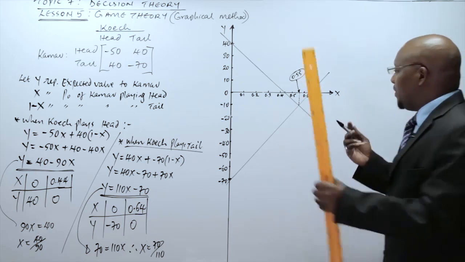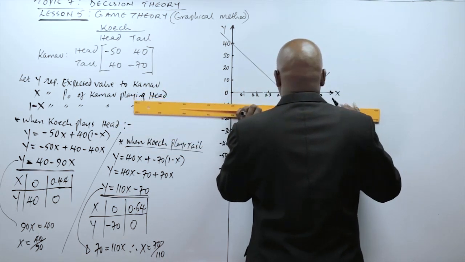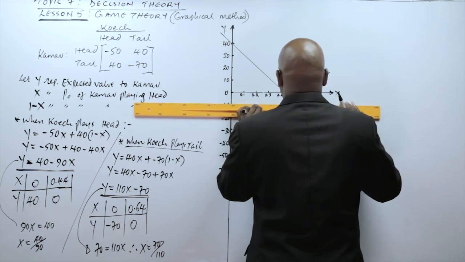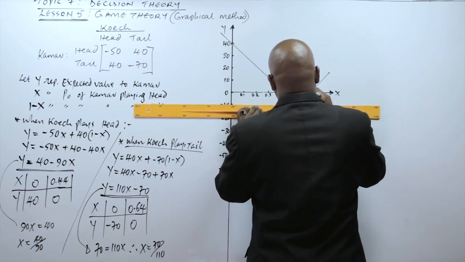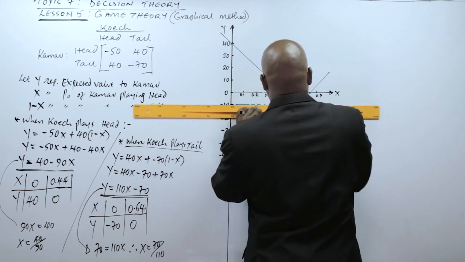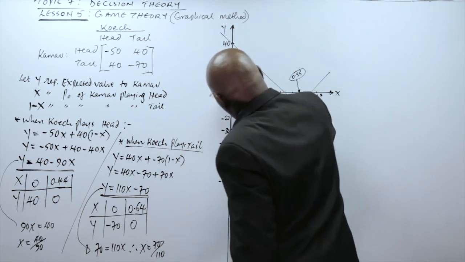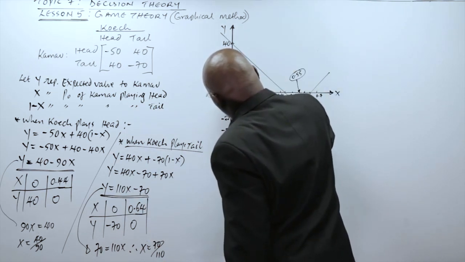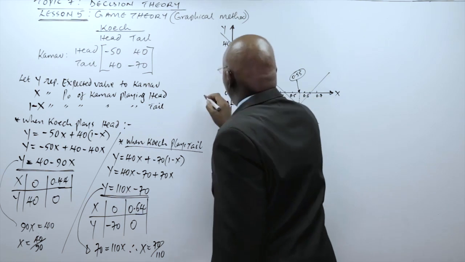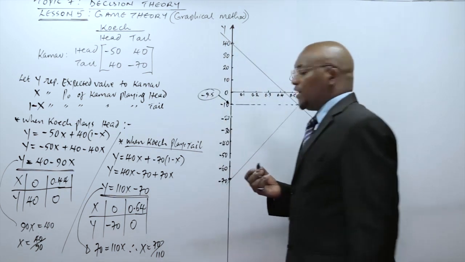Then when you draw this way, we should get minus 9.5, as we found as the value of the game.